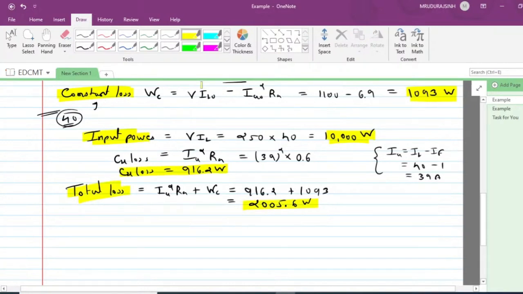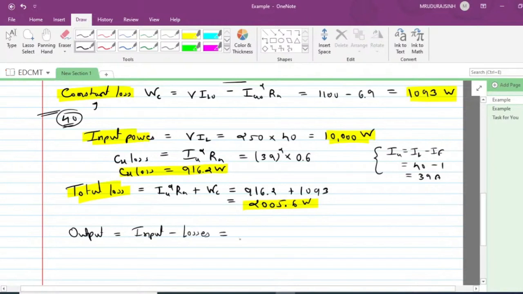So using this we can calculate the output. Let's calculate it. Output is basically input minus losses.